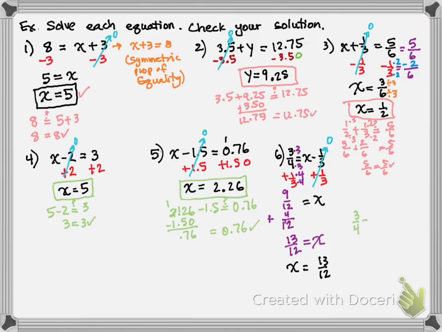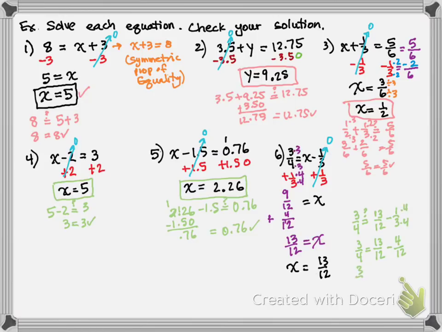I've got 3/4. Does that equal 13/12 minus 1/3? So the same thing we had talked about, we are going to have to find a common denominator. 3 goes into 12, so 12 is going to be it. So I multiplied 3 times 4, and I have to multiply 1 times 4.